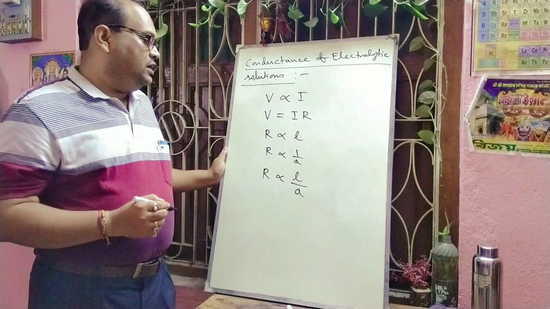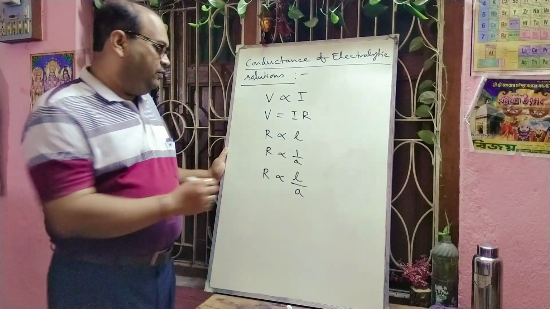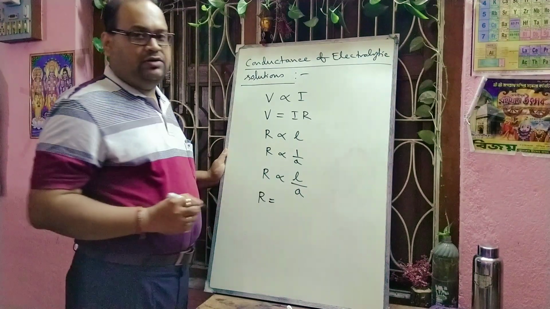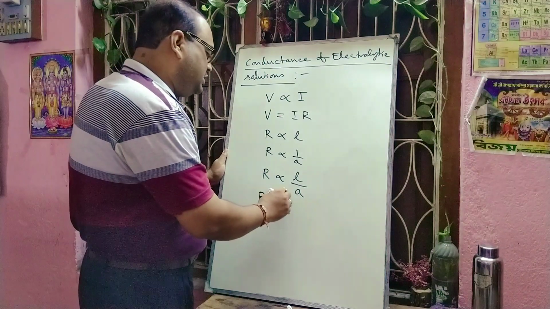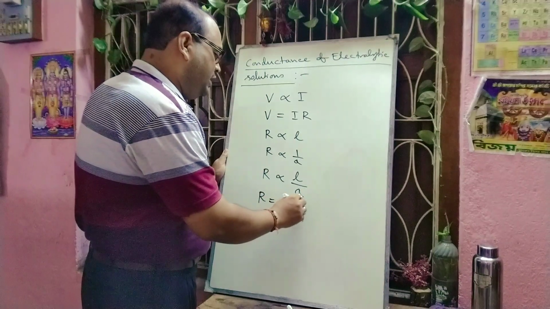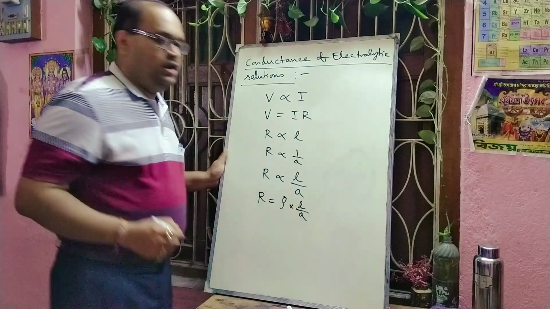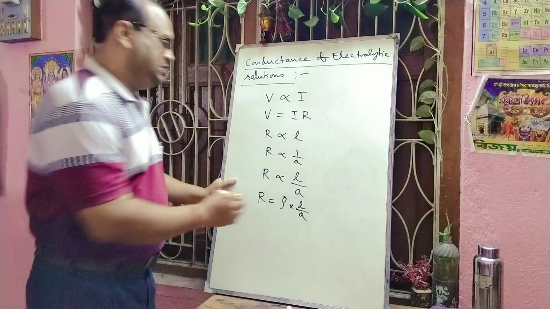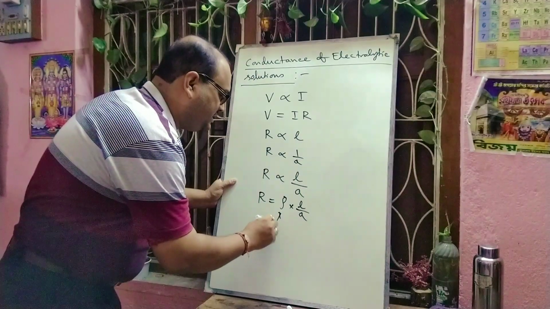Now if we write R is equal to, there will be some proportionality constant. That proportionality constant will be rho into L by A. Now what is rho? Rho is called specific resistance.